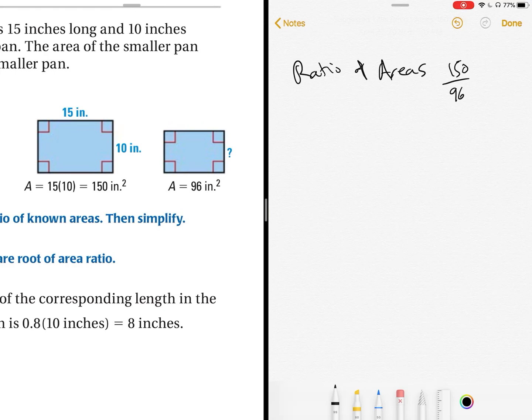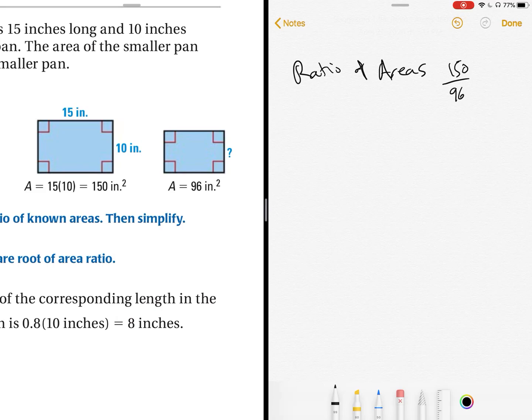Okay, and then I want the ratio of the sides because I'm trying to find a side. So what I need to do is square root the ratio of the areas. Now, we had to do this earlier in the year, and if you don't remember, sometimes they'll just give you numbers that are perfect squares that are easy to square root right off the bat. That didn't happen this time. When it doesn't happen, you want to try to reduce it. And if you reduce it, usually you can reduce it to something that will be perfect squares, and that's usually a faster way to do it.